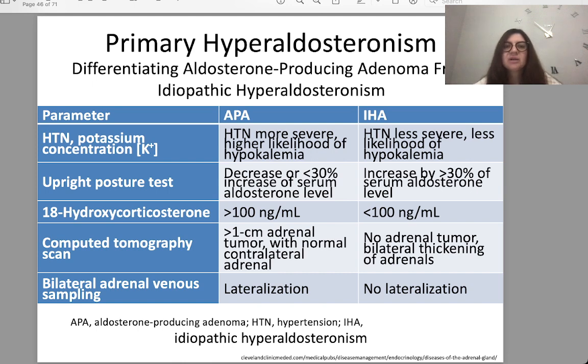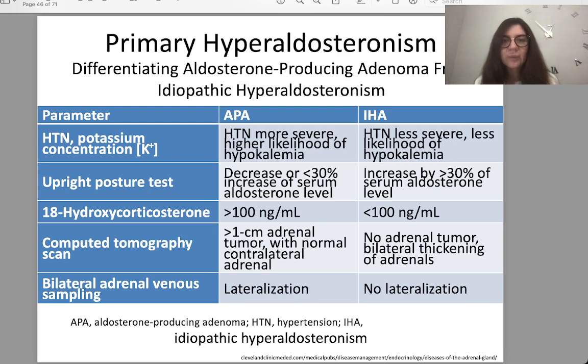And differentiating between aldosterone-producing adenoma and idiopathic hyperaldosteronism by the test. Hypertension is more severe in aldosterone-producing adenoma and less severe in the idiopathic form. In the upright posture test, serum aldosterone level decreases or increases by less than 30% in adenoma and increases by more than 30% in idiopathic. 18-hydroxycorticosterone level is usually more than 100 in adenoma, less than 100 nanograms per milliliter in idiopathic hyperaldosteronism.